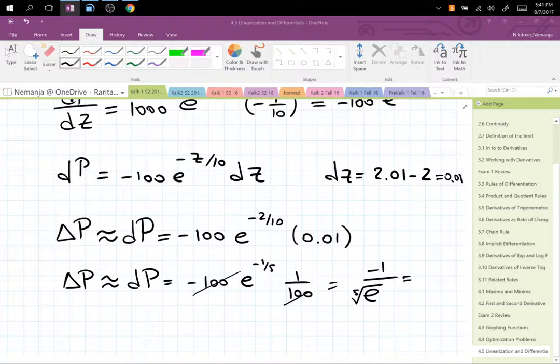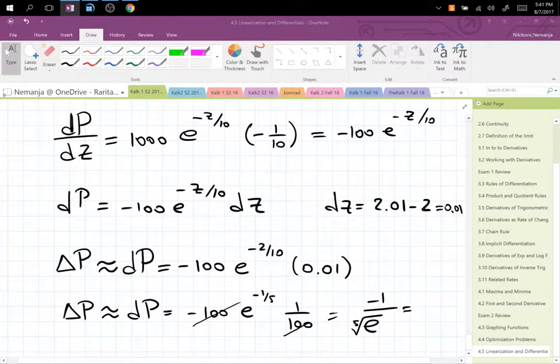Where did the negative 1/10 come from? Oh, the chain rule for the exponent. And now you can see that we are getting less pressure.